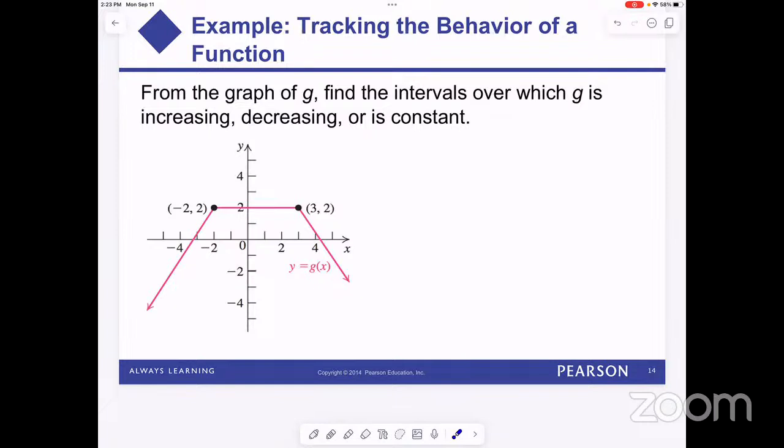Nice. So as we trace the graph going from the left to the right, notice that it's increasing, right? Let's divvy it up in the following manner. So let's go like this. Okay, let's take that.